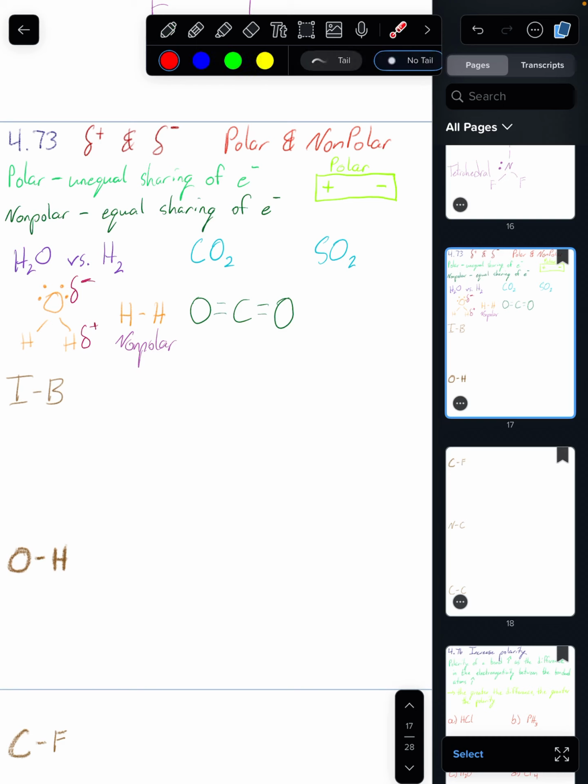Okay? If you remember, on that table, oxygen is more negative than carbon. And these oxygens have those lone pairs there. So, we know the carbon is more likely to be a positive, whereas the oxygen is more likely to be a negative.